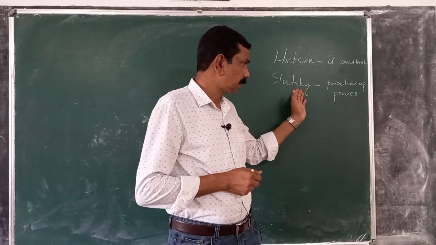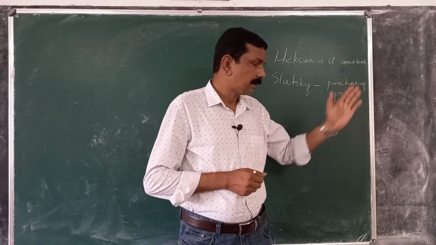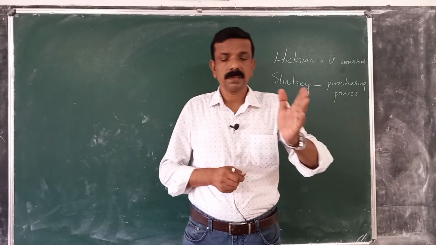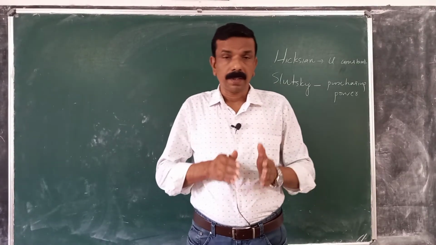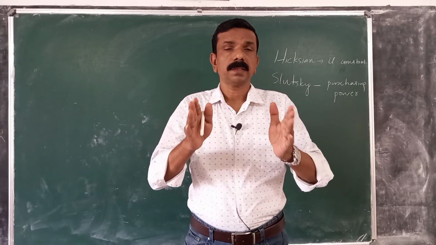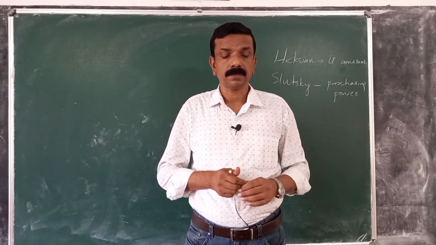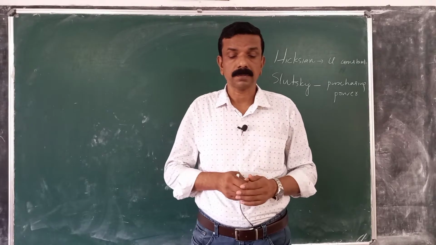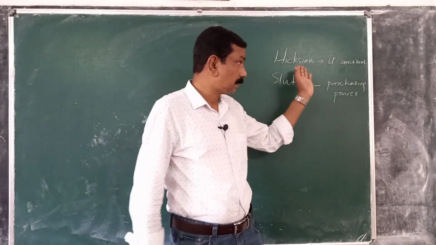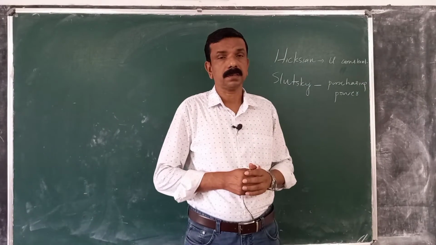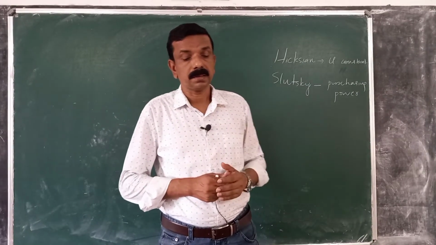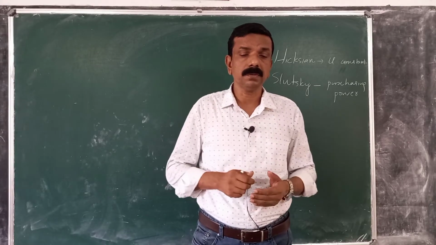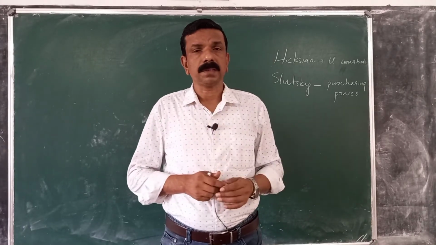But in the Slutsky's method, we compensate by keeping purchasing power constant, so that the compensated budget line passes through the original combination purchased by the consumer. So Hicksian compensation keeps utility constant. Slutsky's compensation keeps purchasing power constant. That is the difference between these two approaches to compensation.